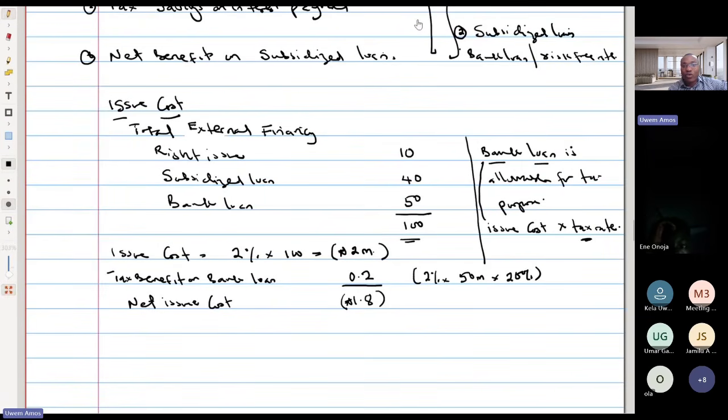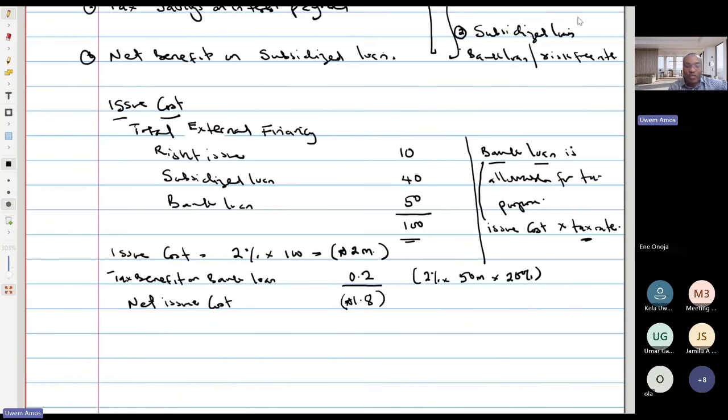Okay, if it's not a concept you understand, you might want to take a screenshot of this part because I want to delete it. This is not important for our solution. Our issue cost has no tax benefit, so we're stopping at 2 million. But I needed to explain that concept just in case you have a different part in the question. Any question on issue cost? All right, please take a screenshot if you need to. I'm going to wipe off that part because it is not part of our question.